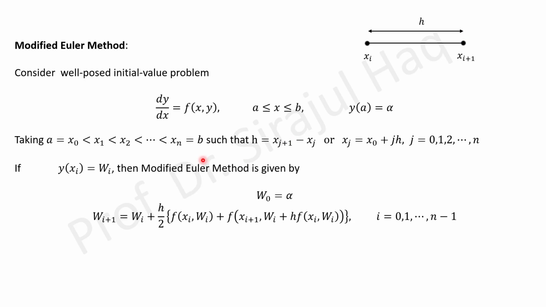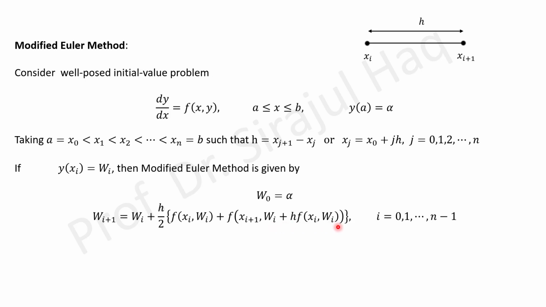In the function, this is the independent variable and this is the corresponding dependent variable. So when I replace x by xi, I get yi, which is clear from here. In a similar fashion, when I replace x by xi plus 1, I should get yi plus 1.